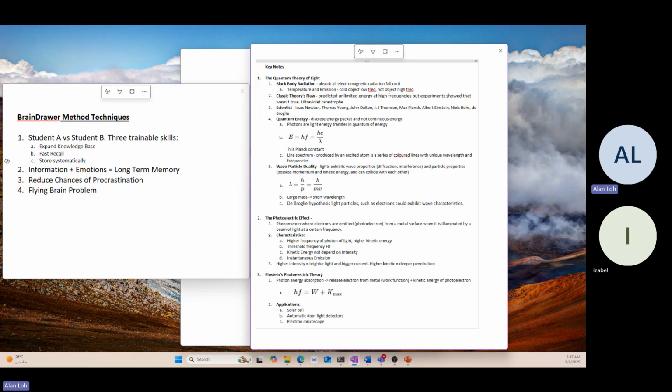Sub drawer number 1, you have work function. And you have kinetic energy. How do I turn that into an item, or how to turn that into a story? I'll turn that into a story for this case. Think of it, the work in work function, the work is your homework. And think of it that you are walking to your classroom to do the homework. Do you like to do homework?